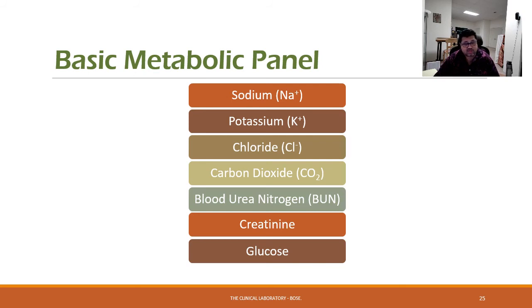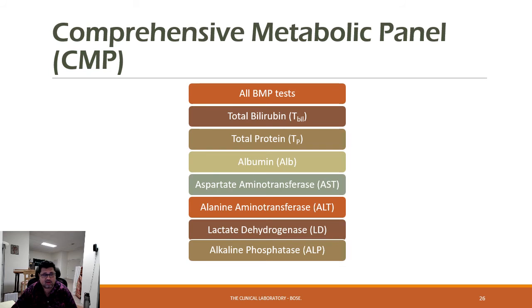That's an interesting question, but we will continue discussing this before we get into those weeds. The comprehensive metabolic panel includes all the tests of the basic metabolic panel, but adds in tests that are relevant to liver function and especially liver function.